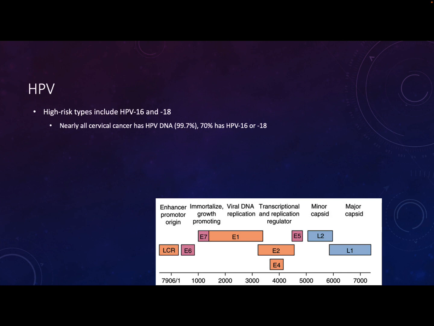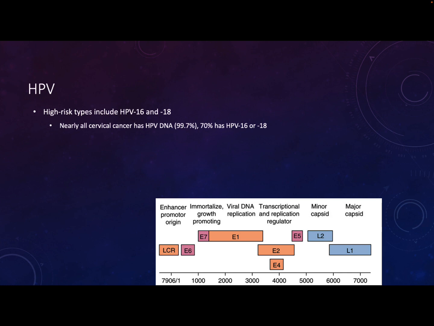Oh, I was wrong. I said 99.3. It's 99.7. Nearly all cervical cancer, 99.7% of cervical cancers have HPV DNA. And basically what that's trying to say is that 0.3% of patients who get cervical cancer just got cervical cancer.